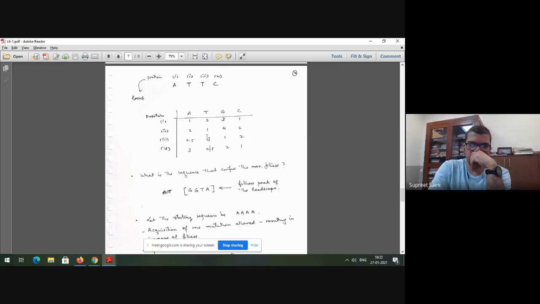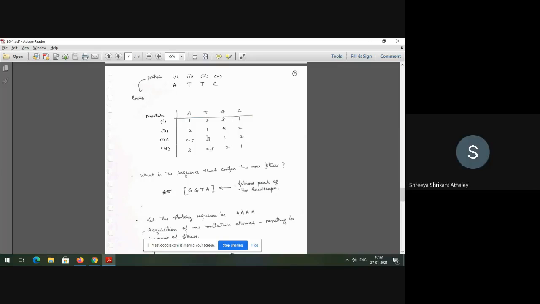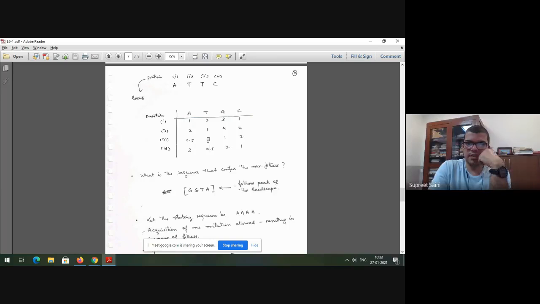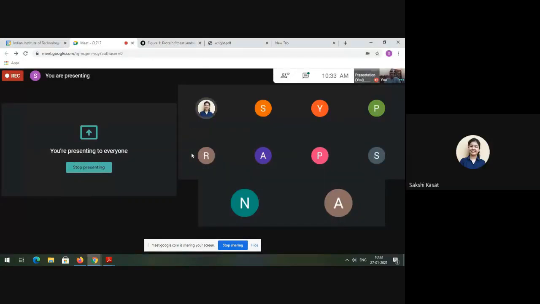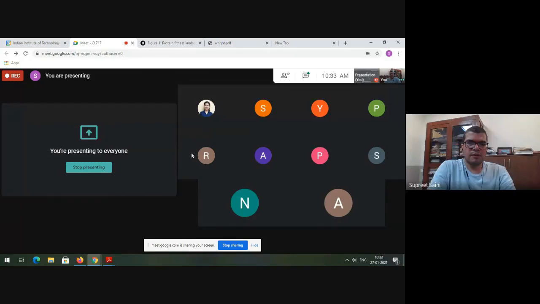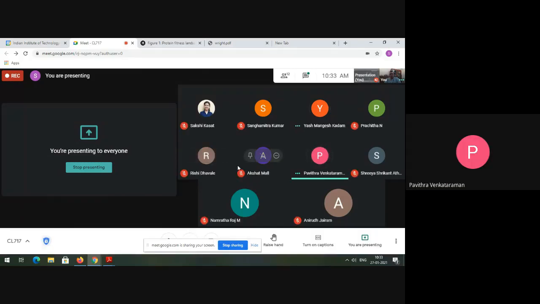GCT, to G or to A. So let's say A. So now we are at GCTA, and then there is only one more move, which is GGTA. Does everybody see that? Yes, sir.